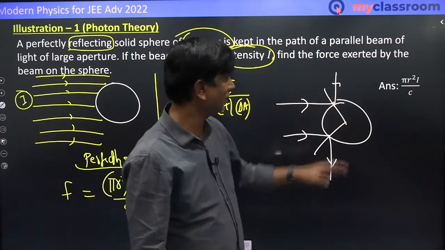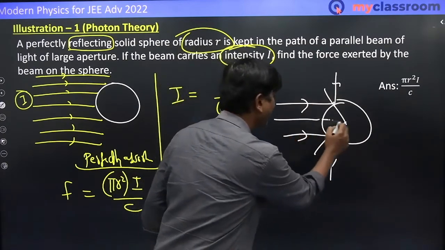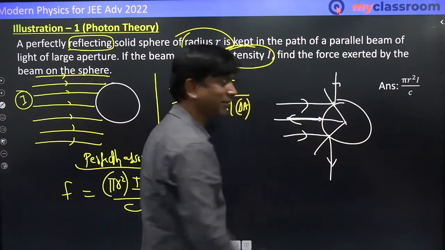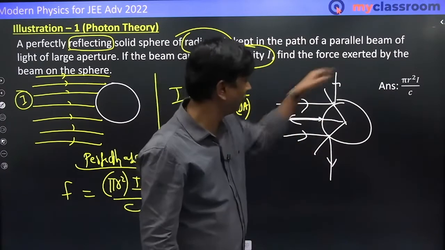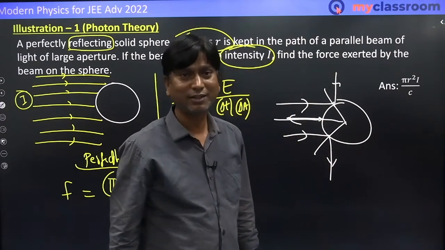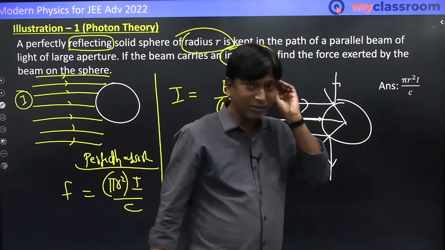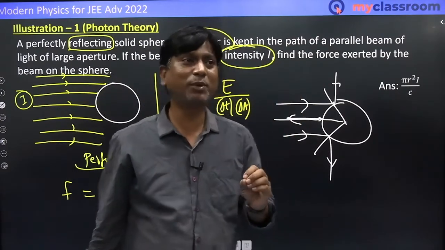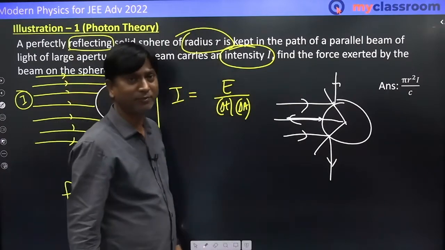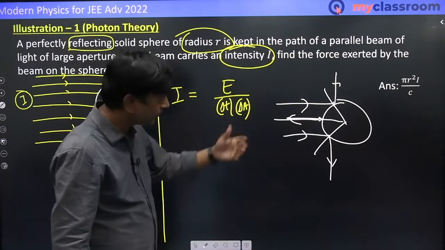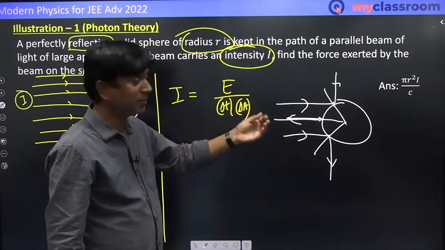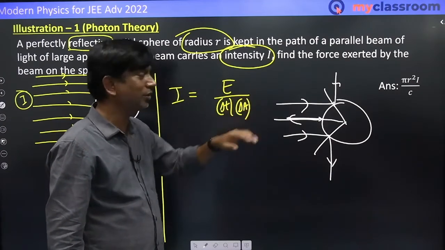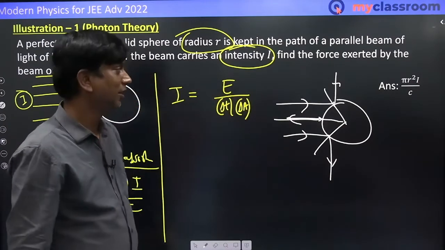So many photons are there. Of course, the photons coming exactly normally may reflect straight back. That's okay. But all the remaining ones reflect at some angles. So there are changes in the photons' momentum, and definitely some force will be exerted by the sphere on the photons. The same force the photons also exert on the sphere.